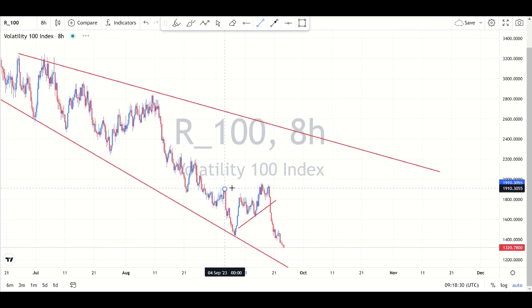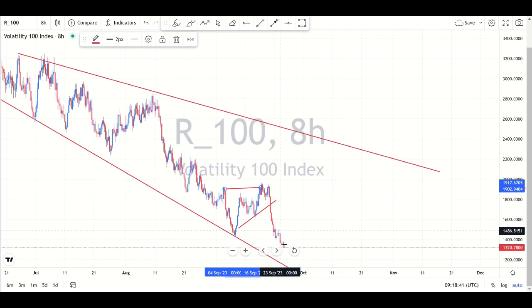This zone could still be a valid uptrend, but we made a new low here, so it's a bearish trend. But now the market is leaving unfinished business, so that means the market is not yet done up.